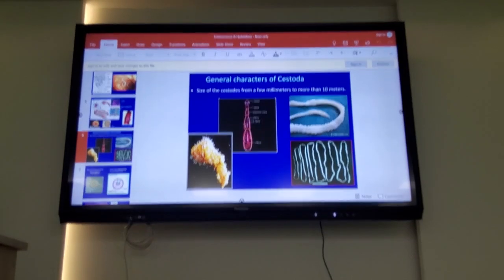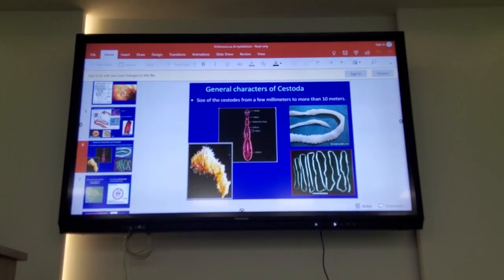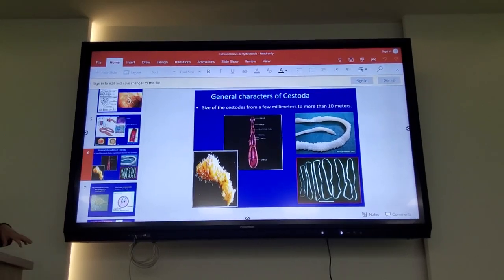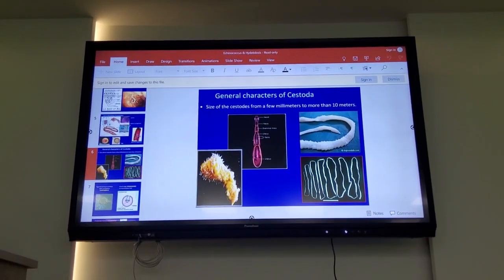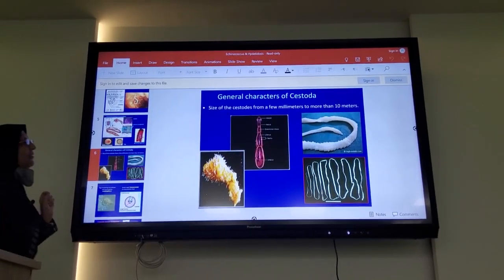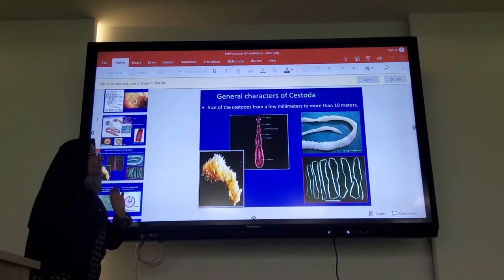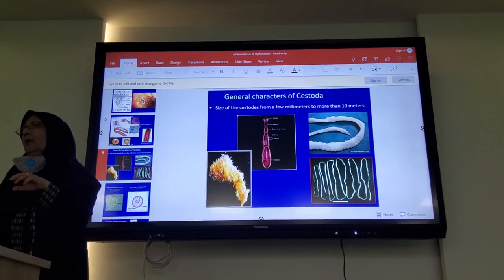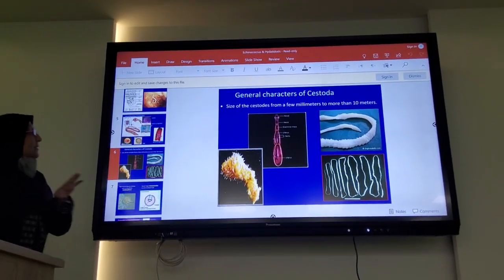Tapeworms we are going to talk about is called Echinococcus granulosus. Okay, Echinococcus granulosus is a small tapeworm, just a few millimeters in length, living in the intestine of the dog and other canids.